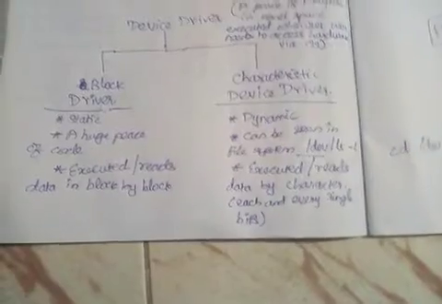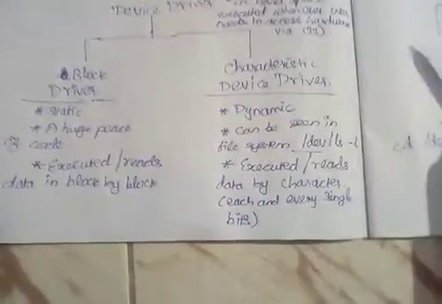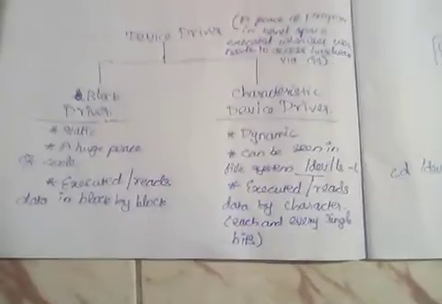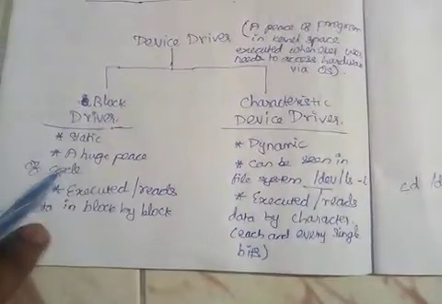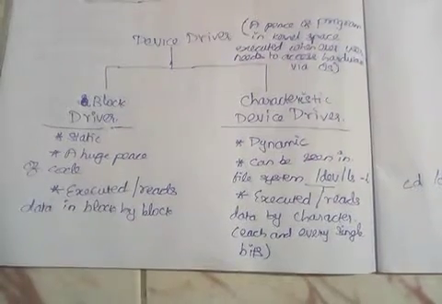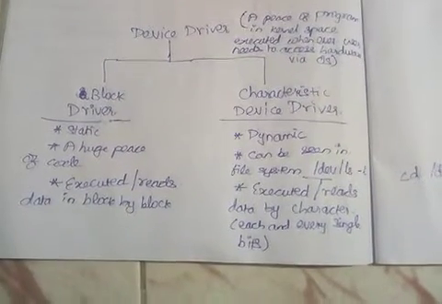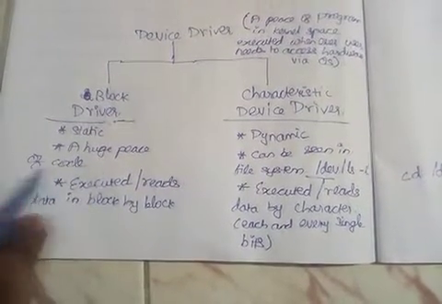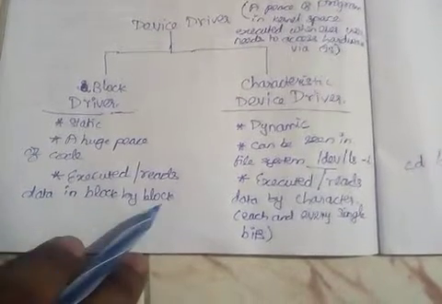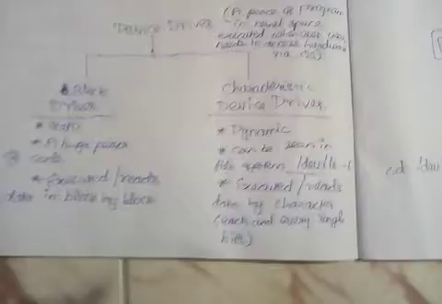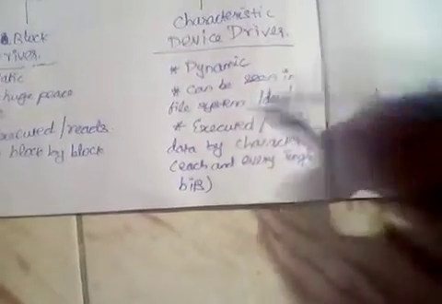Null driver is a pseudo driver. Block device drivers are static. A huge piece of code will execute whenever the OS gets booted, and it reads data block by block. Character device drivers are dynamic and can be seen in the folder.